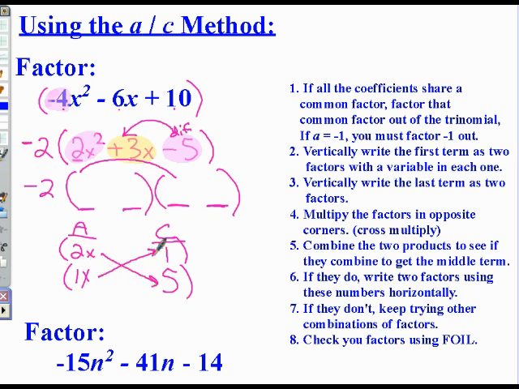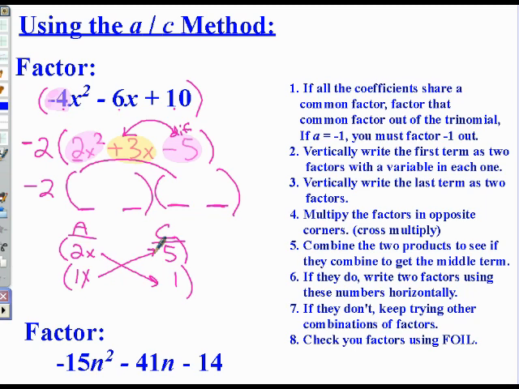10x and 1x, do they have a difference of 3? They don't. They have a difference of 9. So we're going to play with our factors. You can just flip-flop 1 and 5 to 5 and 1 and recheck your cross products, because these cross products give us our inners and outers, and I'll show you that in a minute. So 2x and 5x do have a difference of 3x.